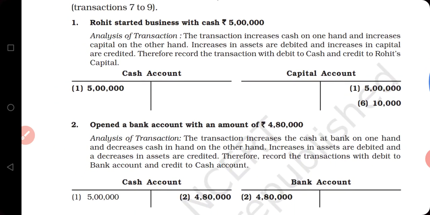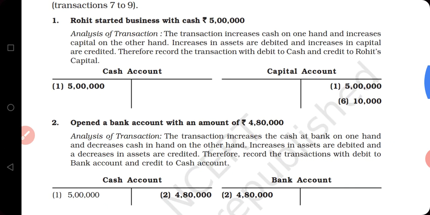Transaction number 1. Rohit started business with cash rupees 5 lakh. Here all transactions we will transfer into the T-shape account. So analyzing the transaction, whenever you do accountancy, you see what kind of effect will come on the business.